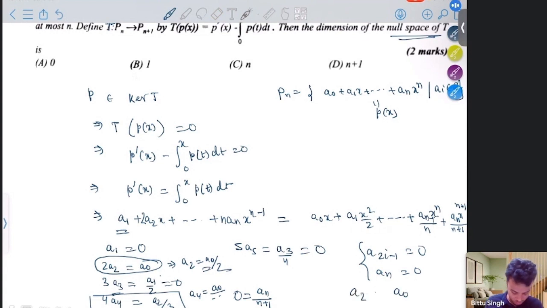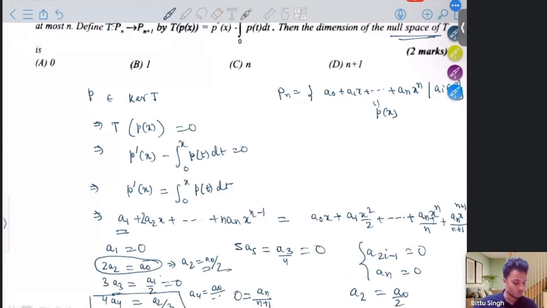So a2 is actually a0 by 2. Similarly a4 is a2 by 12, and a2 by 12 means from here it is a0 by 24. In this way we can write everything.